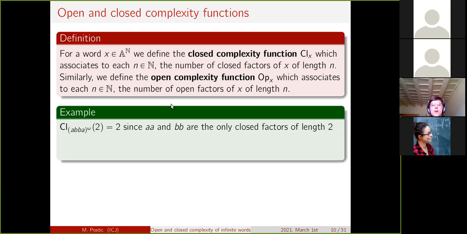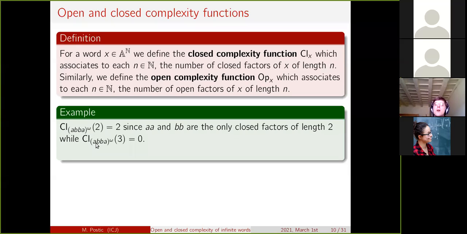So if we look at an example, if we take the periodic word of root ABBA, we can check that the only closed factors of length 2 are AA and BB. So the closed complexity function of this word sends the letter 2 to the value 2, sorry, 2 to 2. And you can compute that there is no closed factor of length 3 in this word.